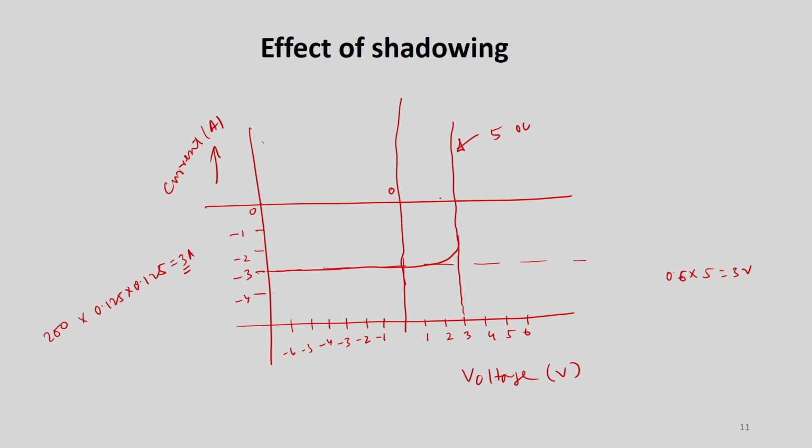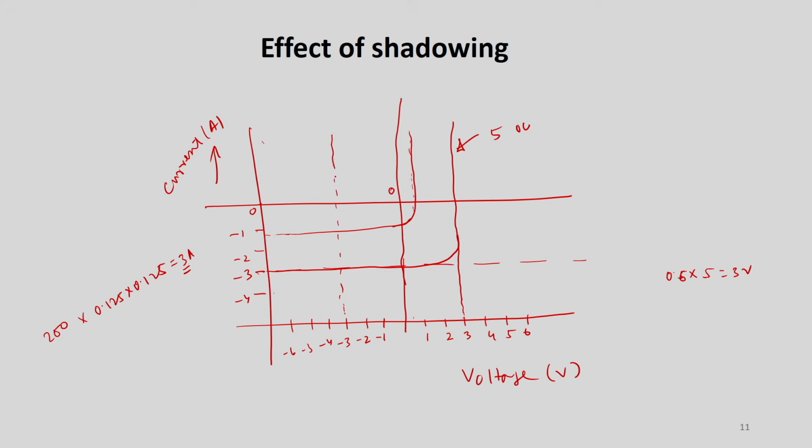And for 1 cell, this will be 0.6, I will explain, and the current will be somewhere here. And we will have this reverse bias system, so this will be minus. Maybe I will use a dotted line here.